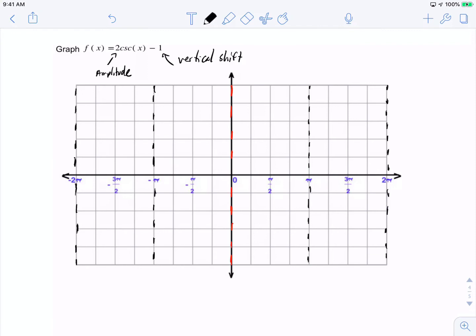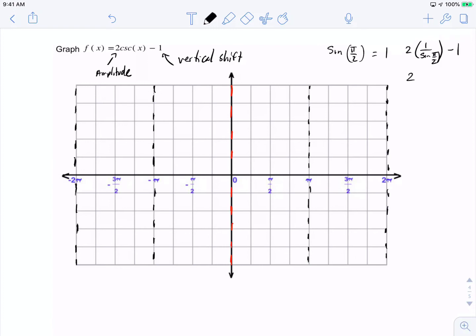Now, what's happening here is our values for sine. So sine at pi over 2 is originally 1. So remember that sine at pi over 2 would be equal to 1. So if we use that value to do our math, we're going to get 2 times 1 over sine of pi over 2, minus 1.